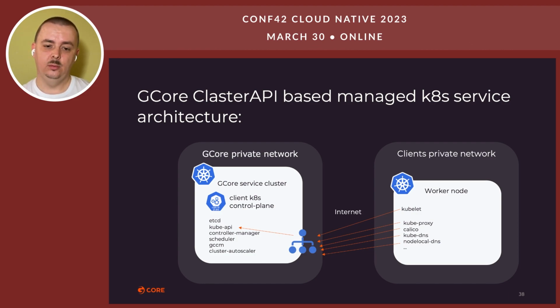So, what did we do? We used a cloud load balancer to expose the kube API to a public IP address. So all the components on the worker nodes can access the kube API via the internet. And that's it. That's simple.